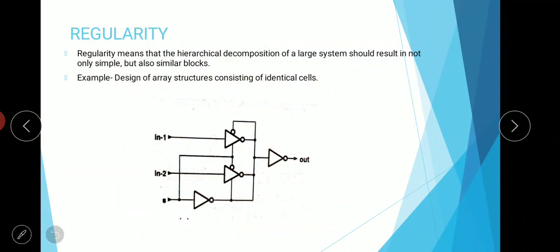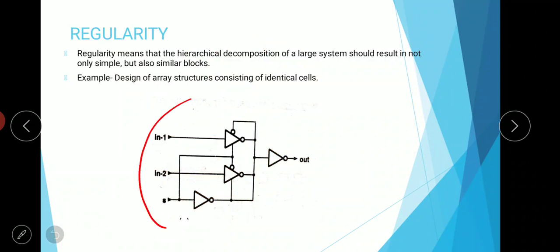Once designing of one block is completed, we save it in a library and use it for other similar blocks. An example is the design of array structures consisting of identical cells. Array structure means a larger number of similar blocks.